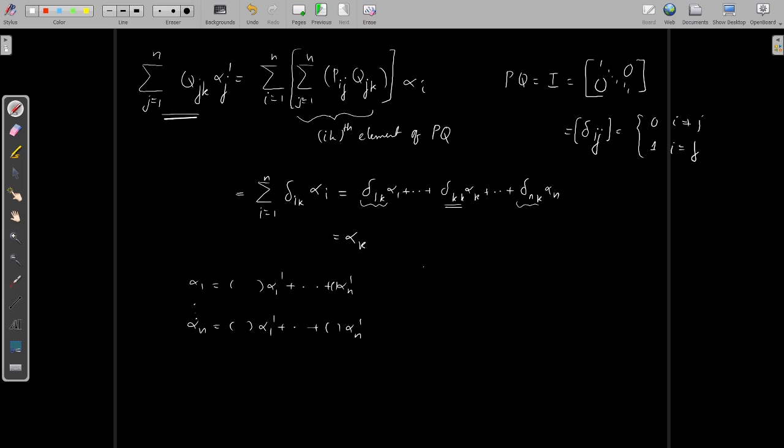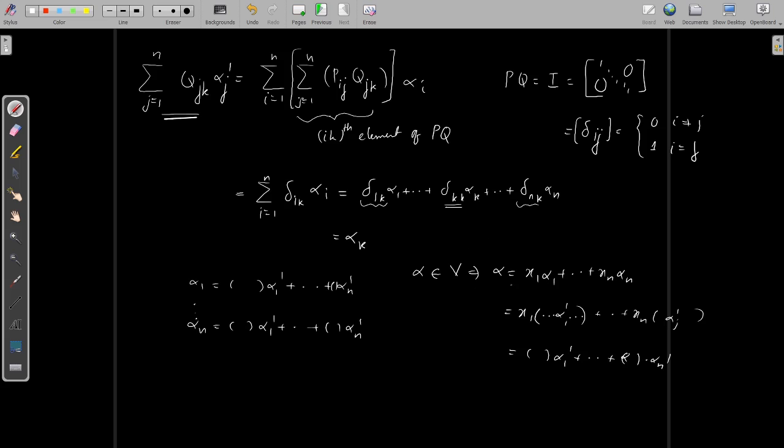So this shows that each of alpha 1, alpha 2, alpha n can be written as a linear combination of these vectors. When we take an alpha from V, using the property of the basis B consisting of alpha 1, alpha 2, alpha n, this alpha can be written as x1 times alpha 1 plus etc., xn times alpha n. And we can replace each alpha i by a linear combination of alpha 1 prime, etc., alpha n prime. So each element is a linear combination of alpha 1 prime plus etc., something times alpha n prime.